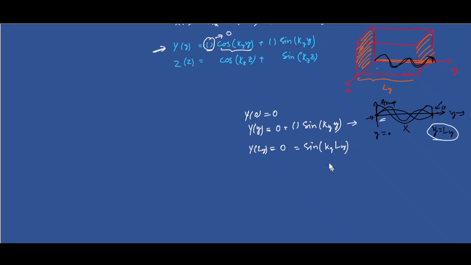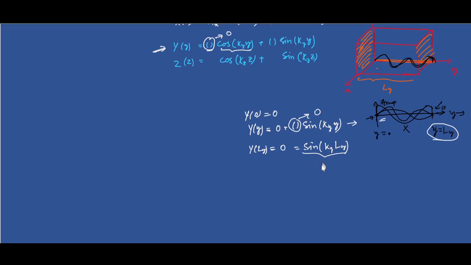We cannot let the amplitude of this term go to 0, otherwise it will be a trivial solution, where our Y for any situation is 0. So you cannot do that. So this term has to go to 0.